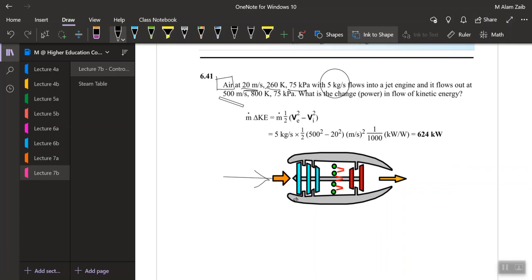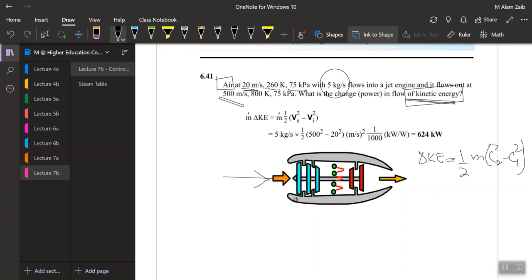This is just a very simple question. You have to look at what is actually required. So the required is the change in the kinetic energy. So the change in kinetic energy is equal to half m (c2 square minus c1 square).